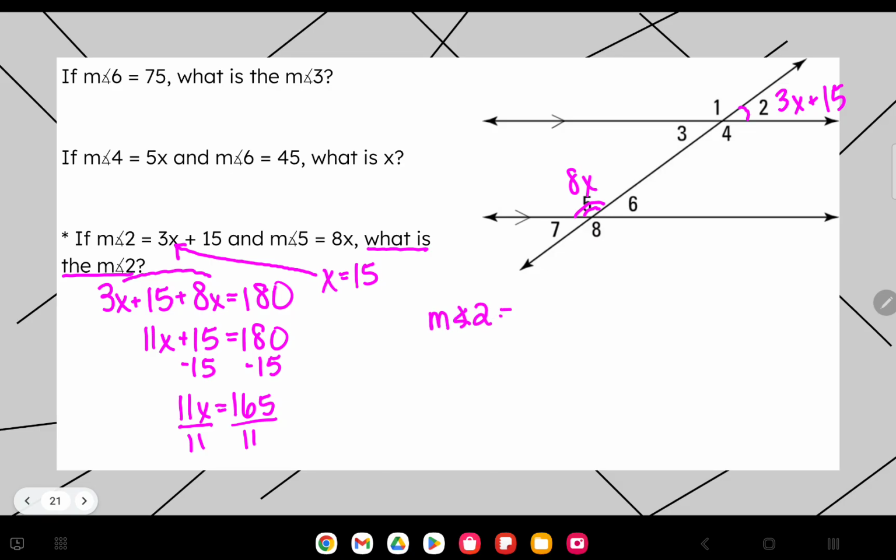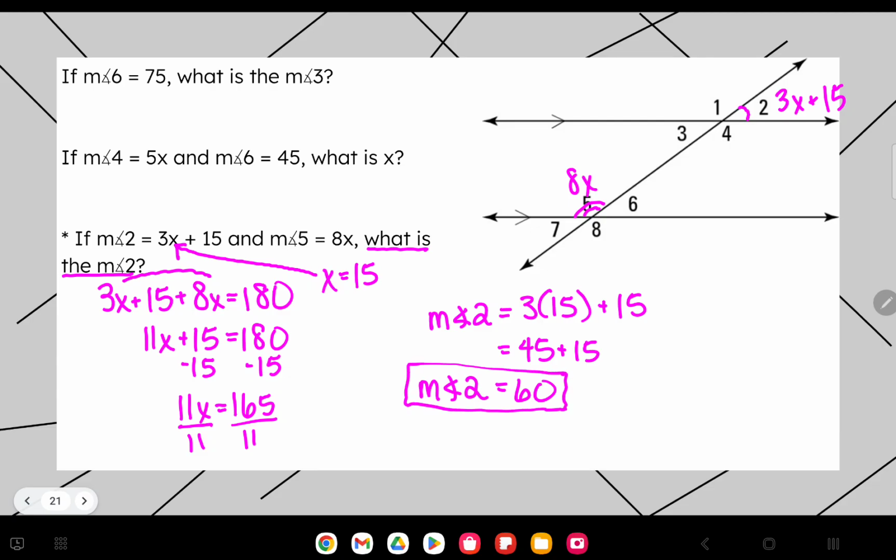So the measure of angle 2 equals 3 times 15 plus 15. 3 times 15 is 45, plus 15 is 60. So the measure of angle 2 equals 60.